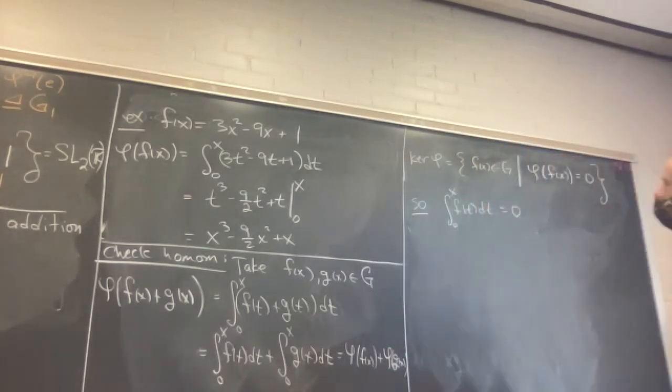That's phi of f, so we want that to be equal to 0. And this has got to be true for all x. So what kind of polynomials will have that happen?